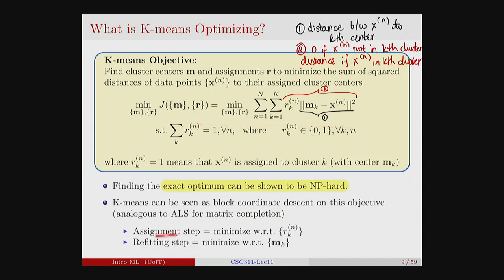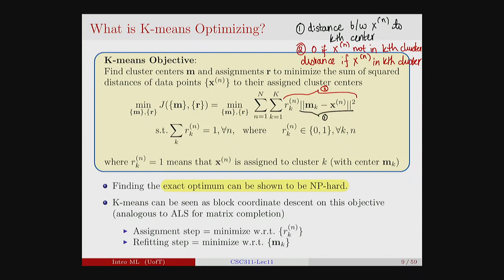The assignment step is minimizing with respect to R, and the refitting step is minimizing with respect to M. Recall that in the assignment step we were trying to find which cluster center every point was allocated to, and we will show in the next slide that this corresponds to minimizing the objective with respect to R. In the refitting step, we were updating the means, and we'll show why that corresponds to minimizing this objective with respect to M.